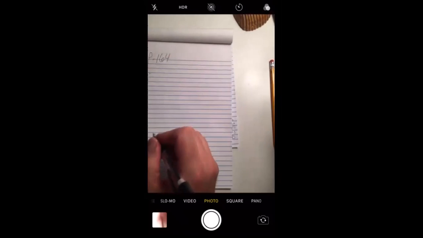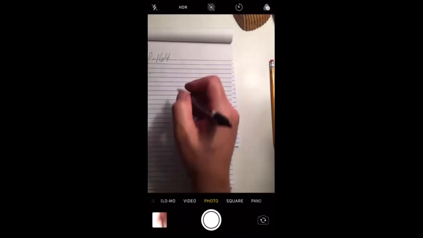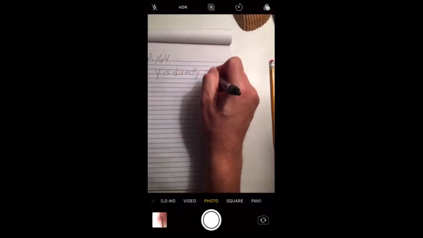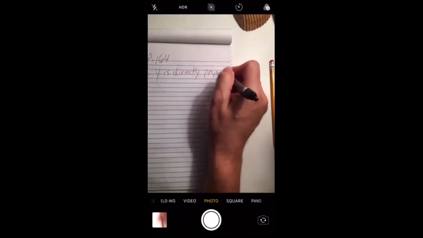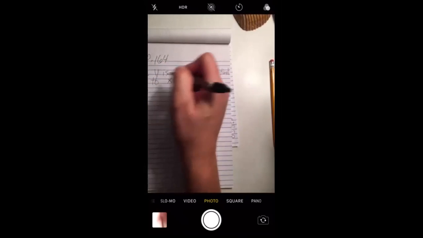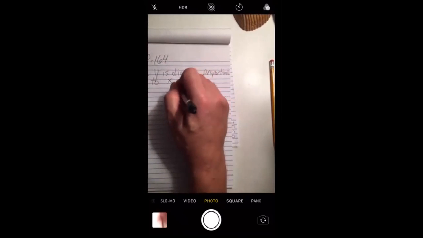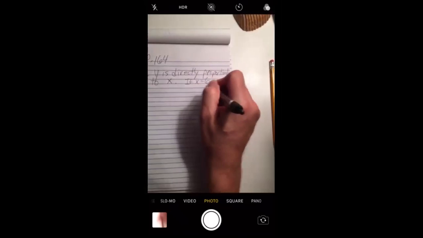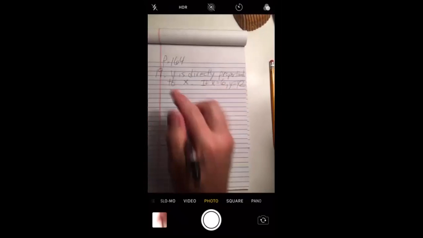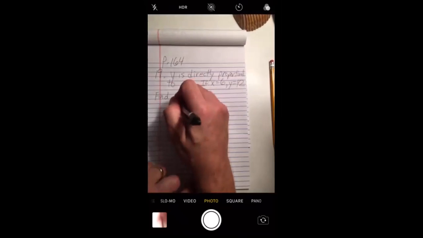This is page 164. First one's 19. Y is directly proportional to X. If X equals 6, Y equals 42, and they want you to find, they write it out in words, the constant of proportionality.